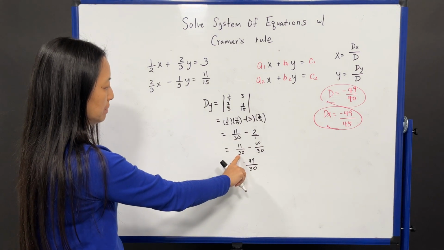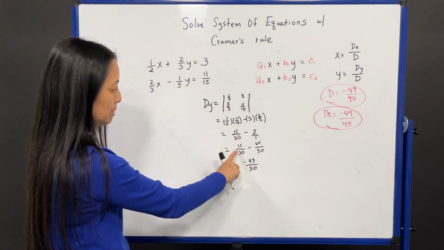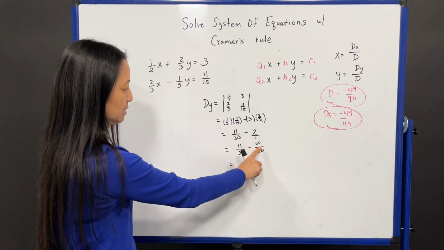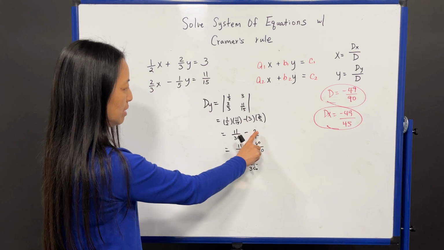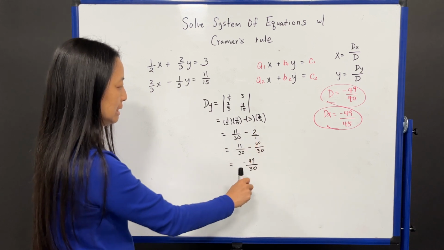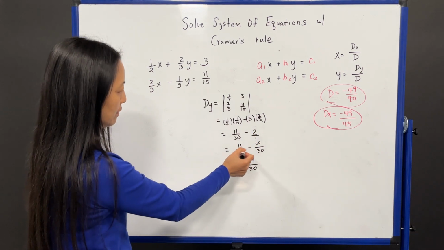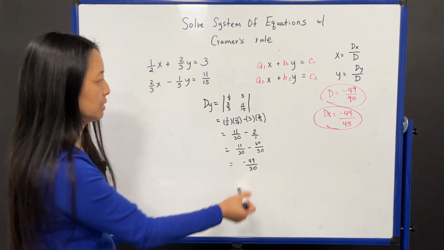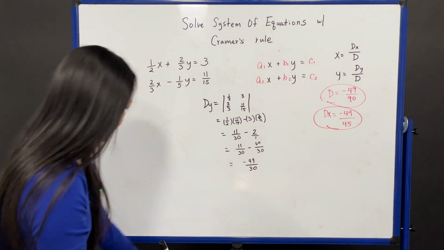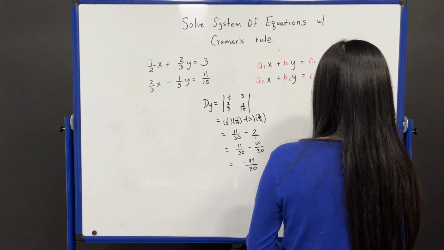This term hasn't changed. This will be 60 over 30, because 30 divided by 1 is 30, and then 30 times 2 gives us 60. And 11 minus 60 is going to give us negative 49 over 30. So that's our d of y.